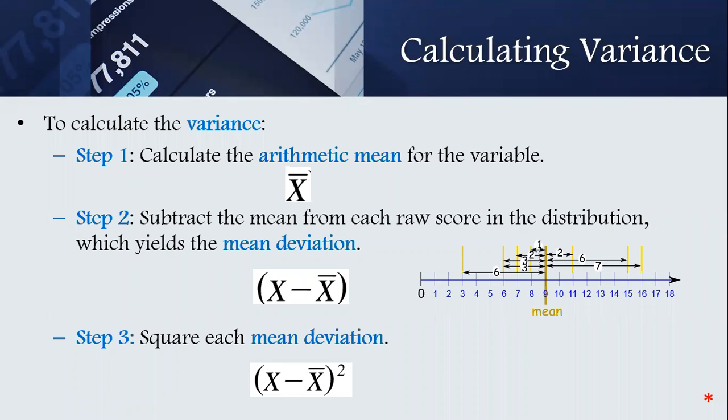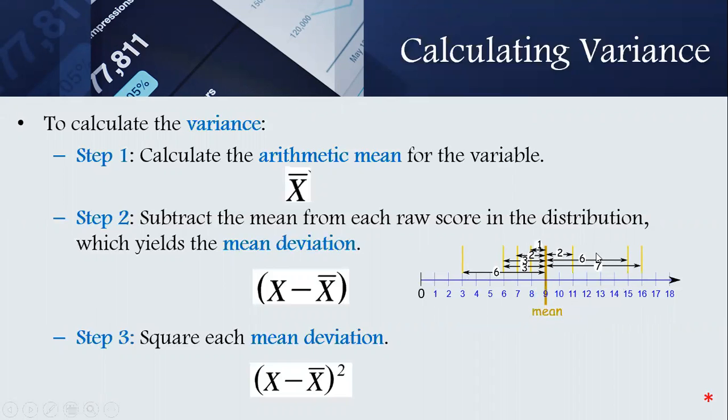To calculate the variance, in step 1, we would calculate the arithmetic mean for the variable. In step 2, we would subtract the mean from each raw score in the distribution, which yields the mean deviation. Finding the mean deviation simply means calculating how much each raw score deviates from the mean, as shown in the illustration on the right.